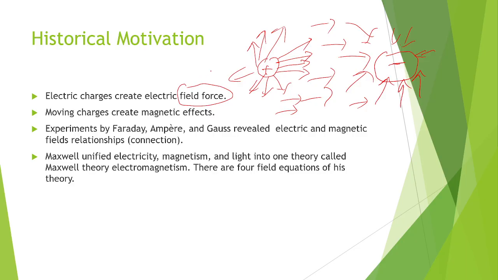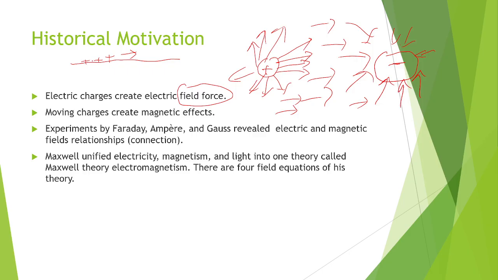Moving charges create a magnetic field. If charges are moving, they create a magnetic field. Let's say we have a line and a positive charge moving in it in this direction.